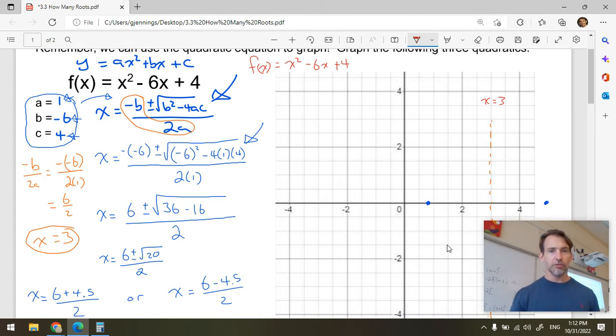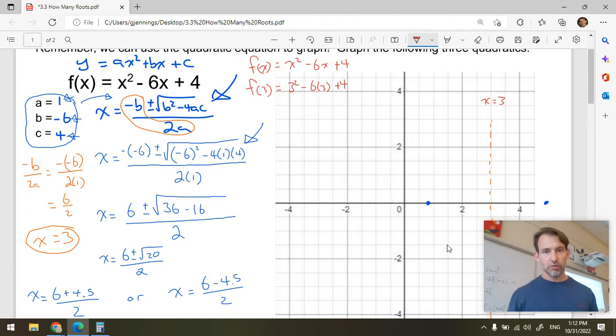I can just evaluate this function at the value 3 to get 3 squared minus 6 times 3 plus 4, which will give me the y value of this vertex. 3 squared is 9, minus 6 times 3. 6 times 3 is 18. So 9 minus 18 is negative 9.